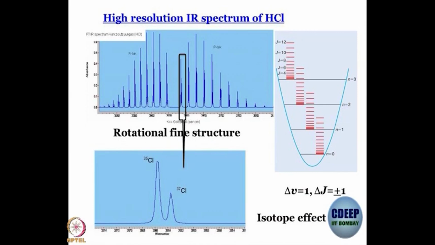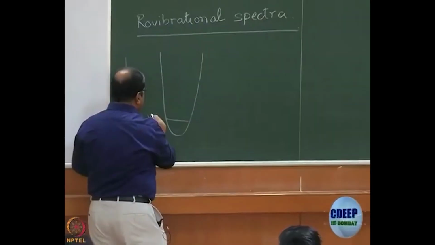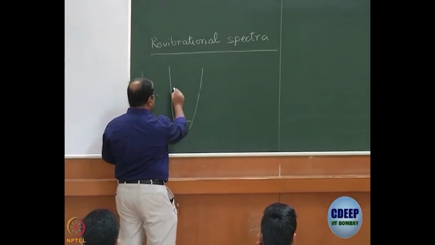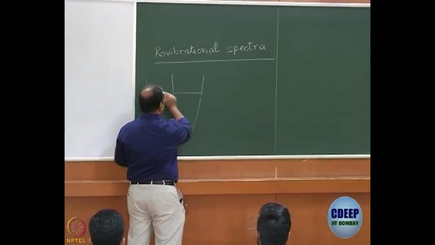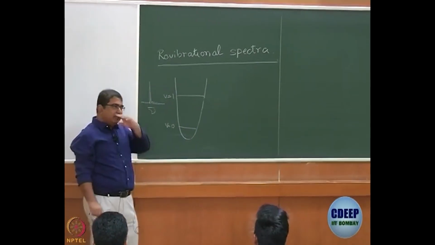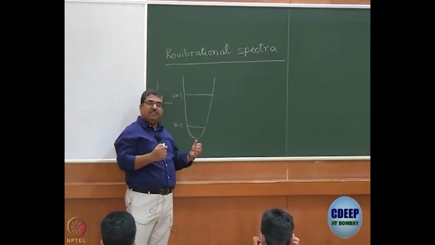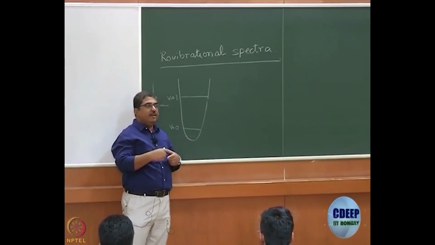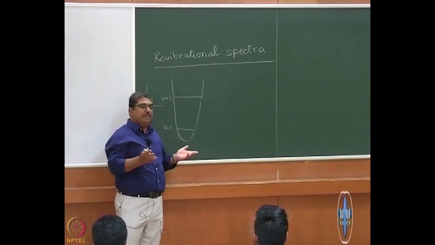Why do we see this fine structure? If I zoom into the harmonic potential energy surface, let us talk only about V equal to 0 and V equal to 1. For each of these vibrational levels, the molecule can have as many rotational levels as there can be.